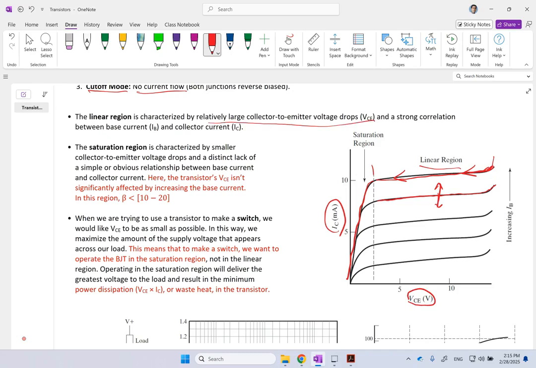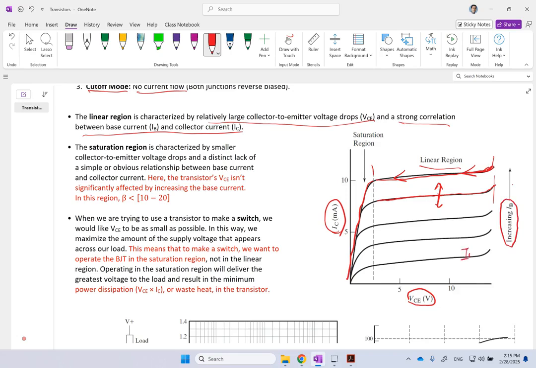And also you see that the current in my collector is highly correlated with the current in my base. Between these different curves, which are plotted for different base currents, I get different ICs.